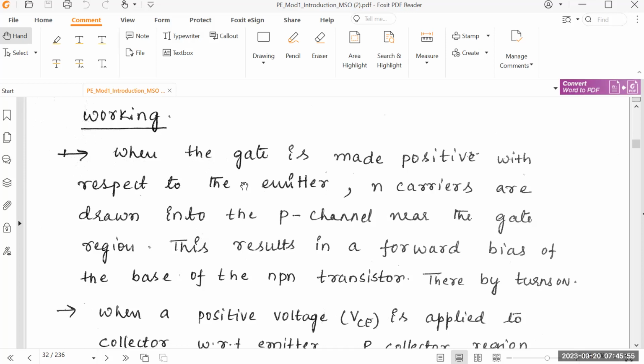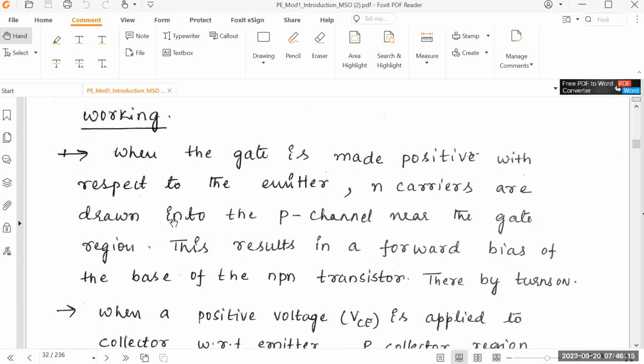Or if the emitter terminal is around -0.1, -0.2 or -1, and the gate terminal is +6 or +7, it is called more positive. You are applying a positive voltage at the gate terminal which is greater than the emitter terminal.